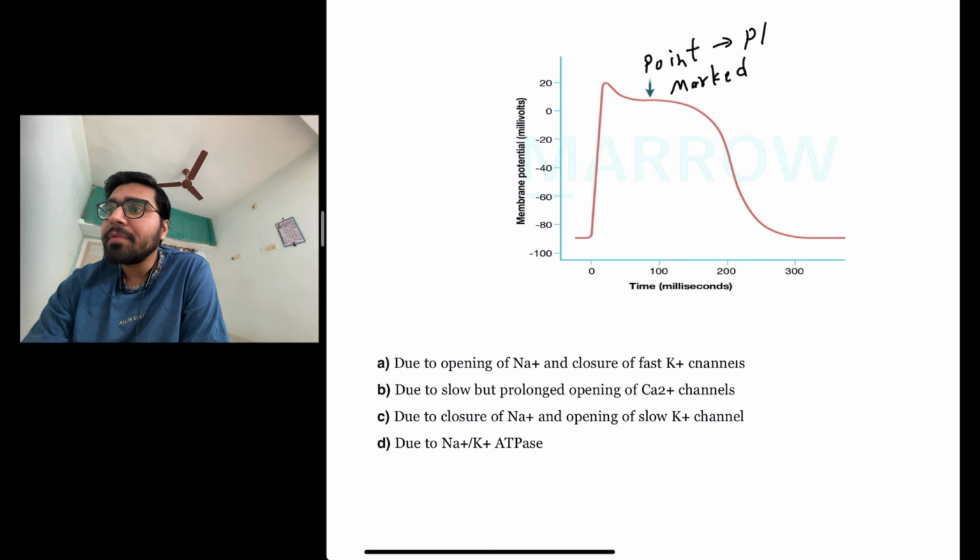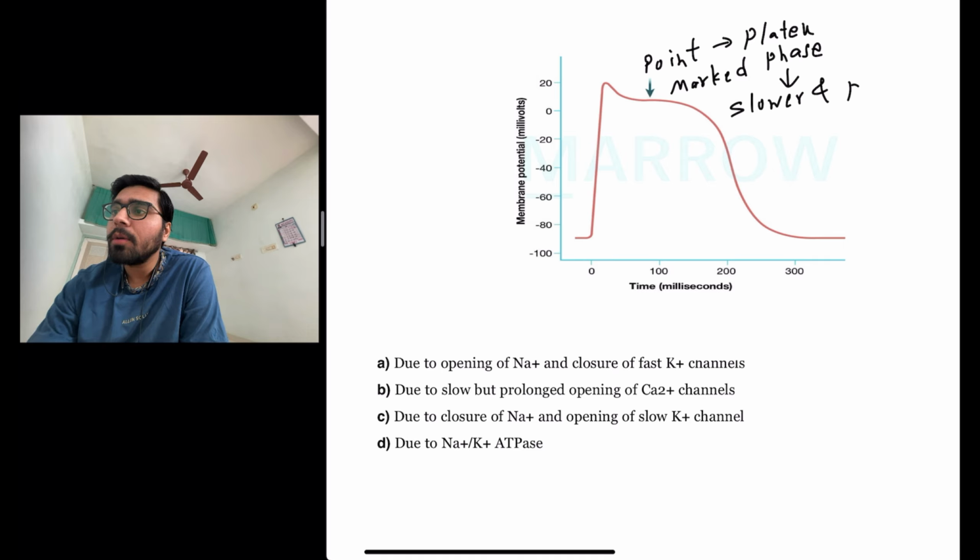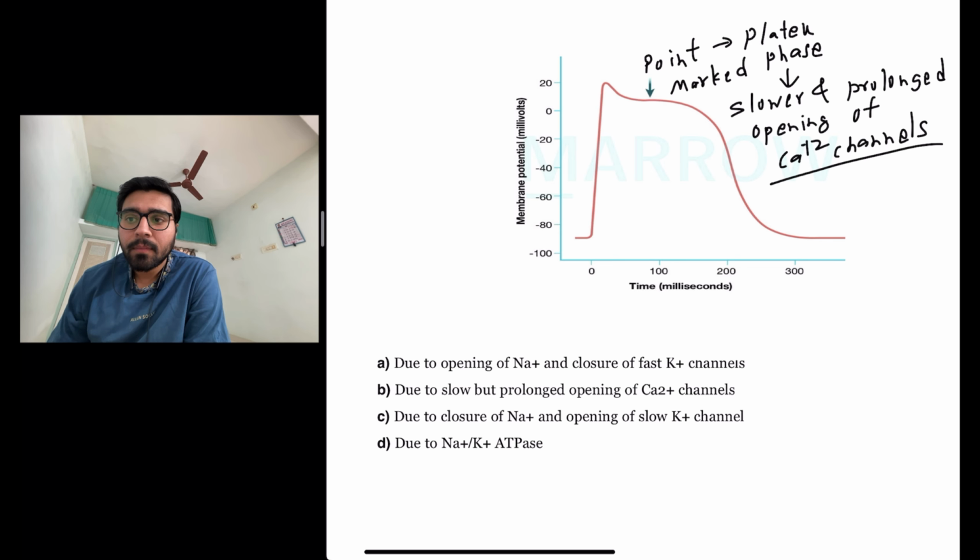It represents plateau phase, which is due to slower and prolonged opening of calcium channels. Okay, so the answer here is option B, due to slow but prolonged opening of calcium channels.